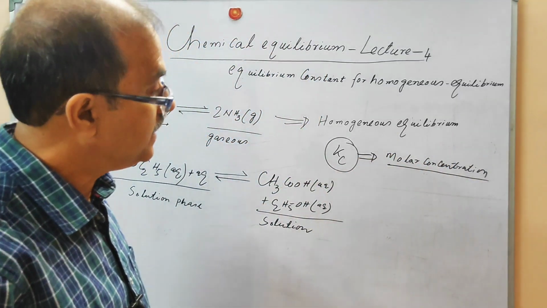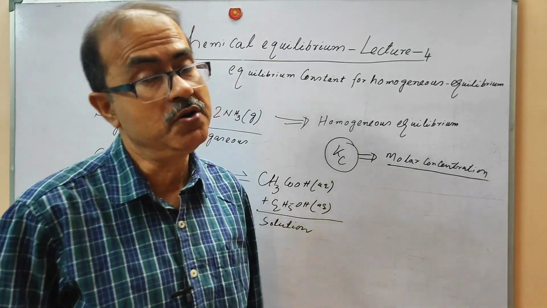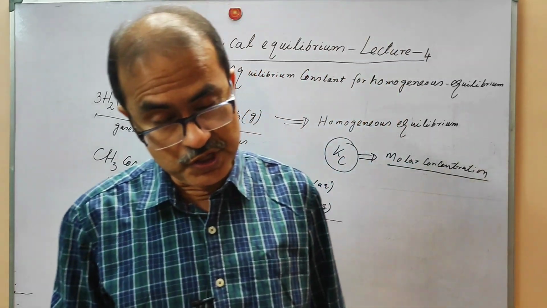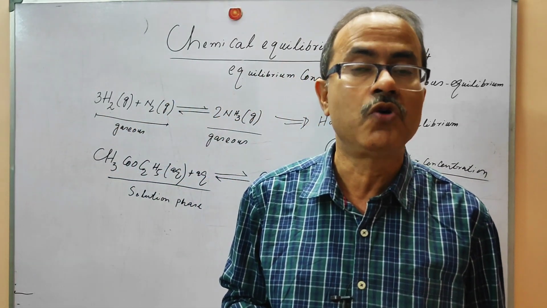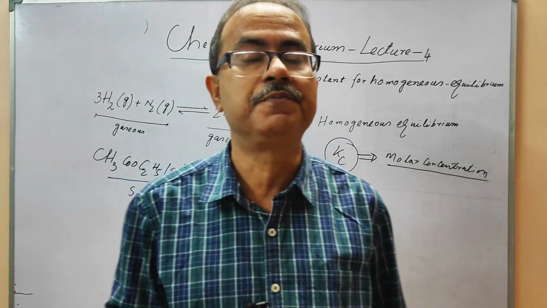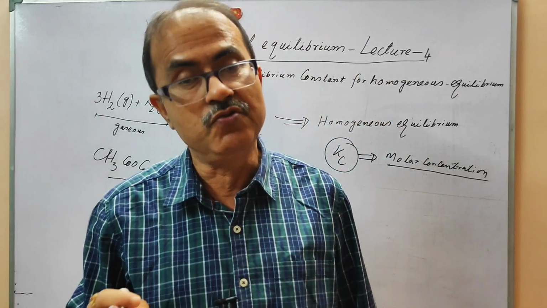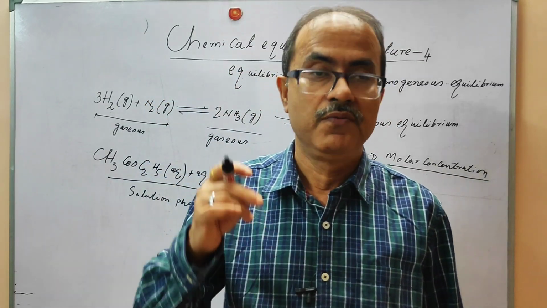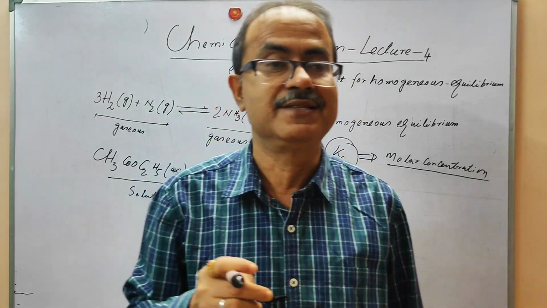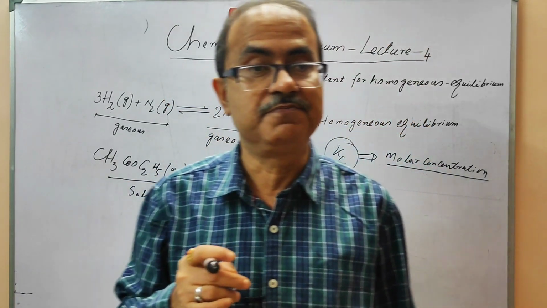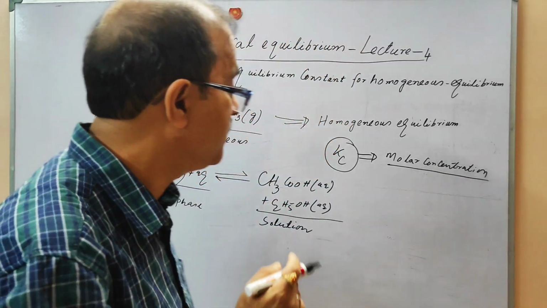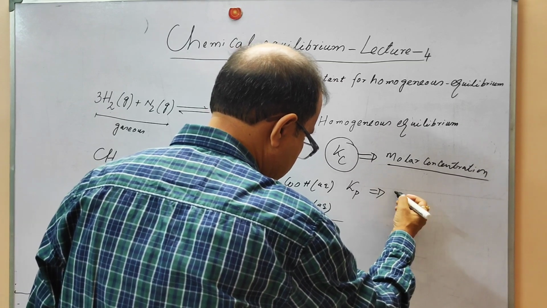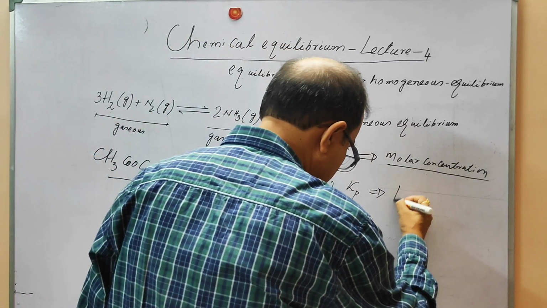Now for the gaseous reaction we can also express the equilibrium constant in terms of the molar concentration, but for the gaseous reaction, it is much more convenient to use the partial pressure of the gas after the equilibrium has been reached. We will consider the equilibrium constant for the gases having different partial pressures, and this is called Kp when we express the equilibrium constant in terms of the partial pressure.